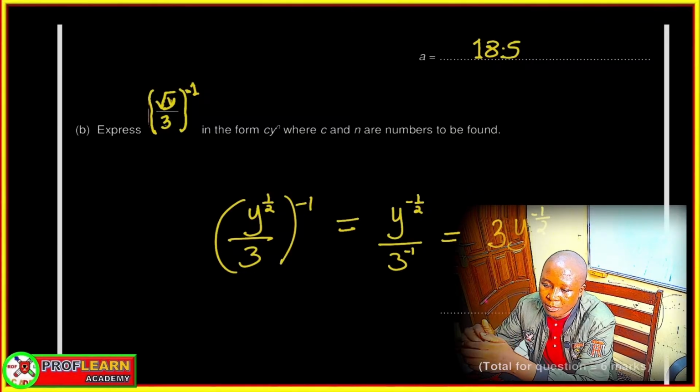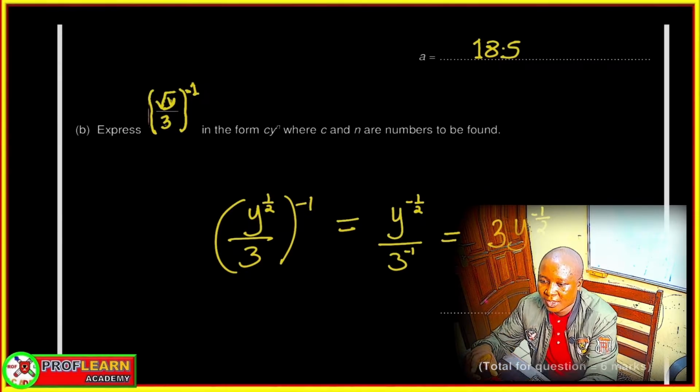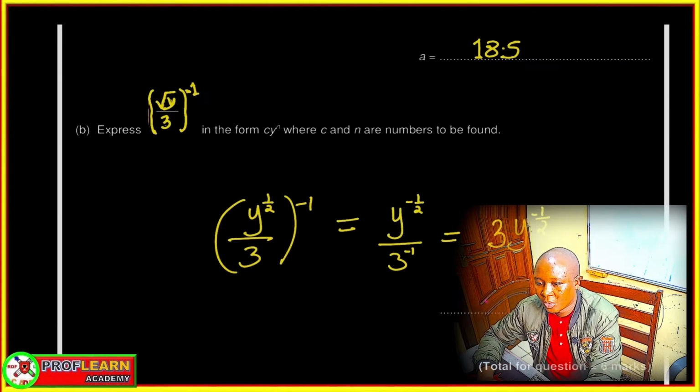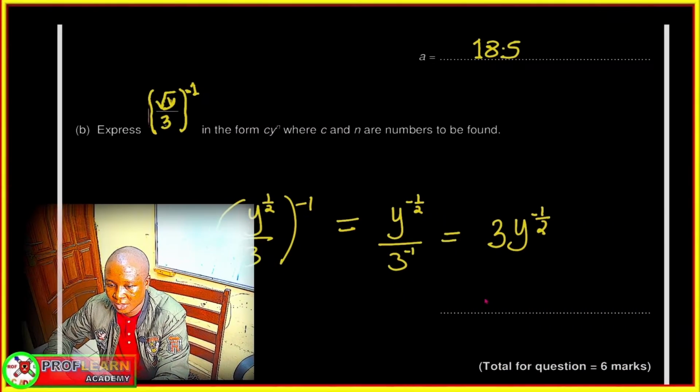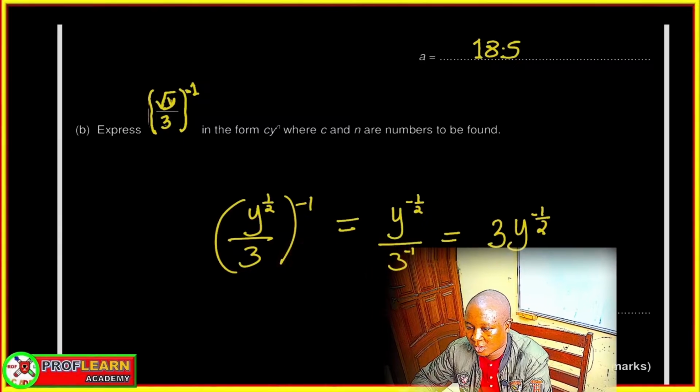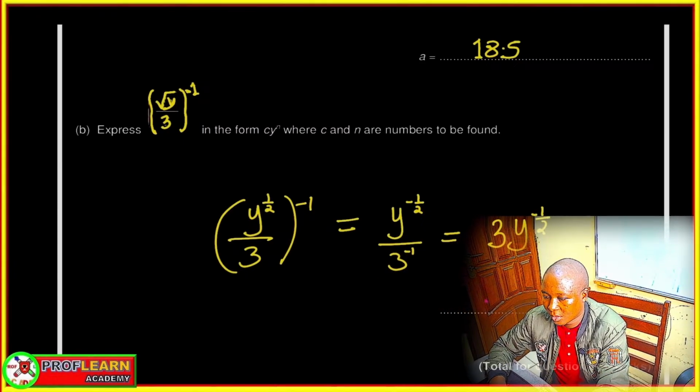The reciprocal will bring 3 up, and we shall have now y raised to power minus a half, 3 raised to power negative 1. So 3 will come up, and we end up having 3y raised to power negative 2 as the final answer at that given point. That's what the answer is going to be.